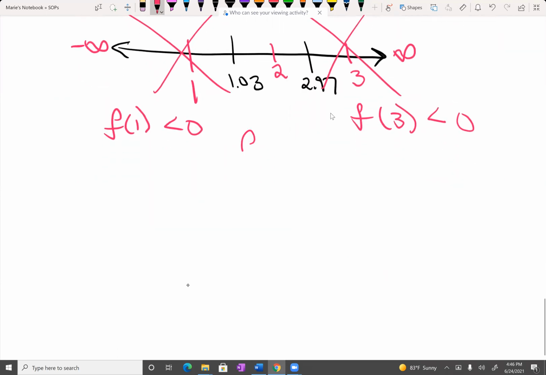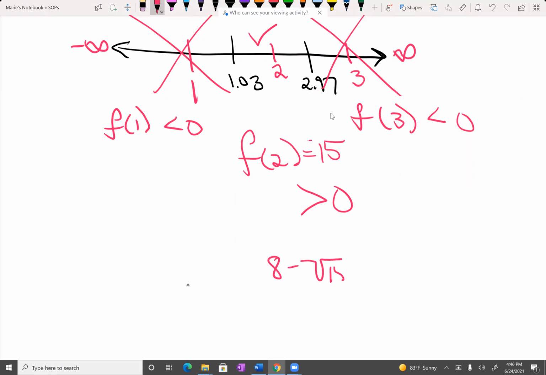But f of 2 happens to give us a value of 15 when we throw it into the equation, and therefore it's greater than 0, so this is a winner. And so our interval is going to sit in between those two values. So we would say 8 minus square root 15 over 4, not inclusive, comma, 8 plus square root 15 over 4.